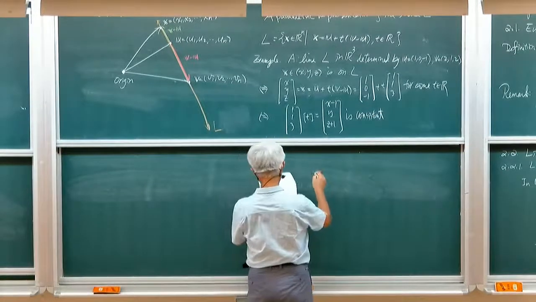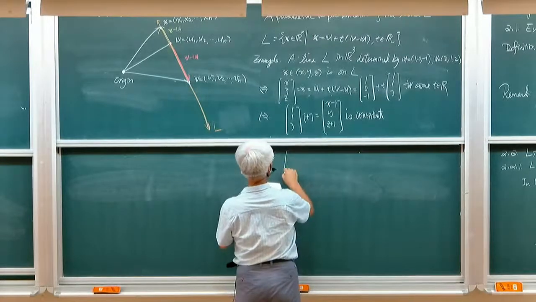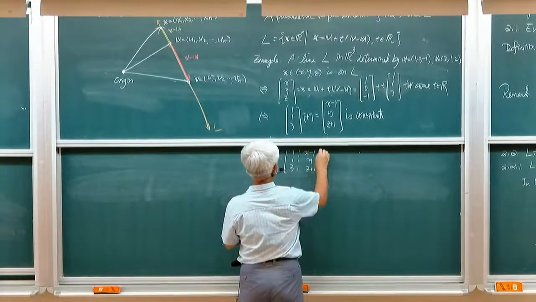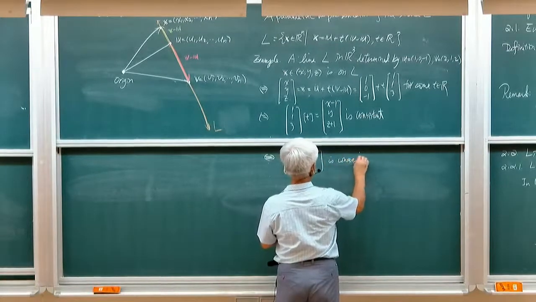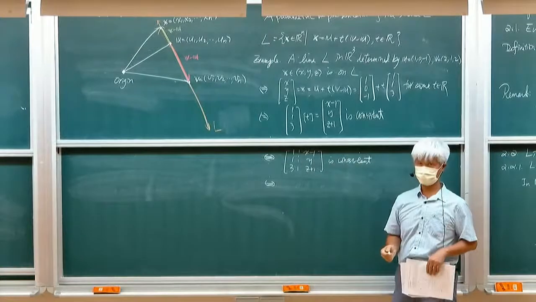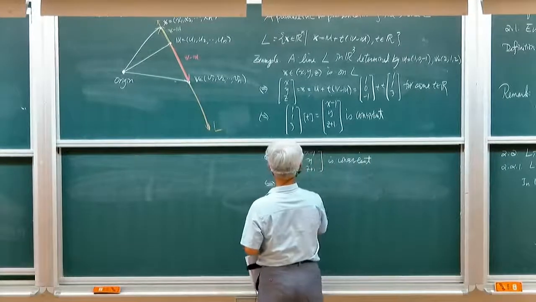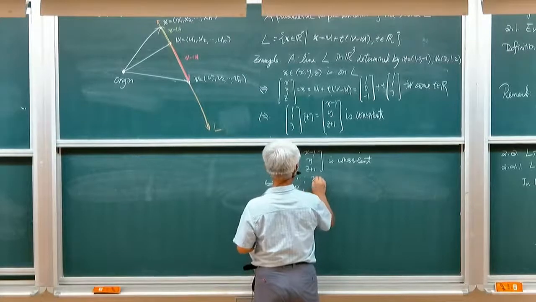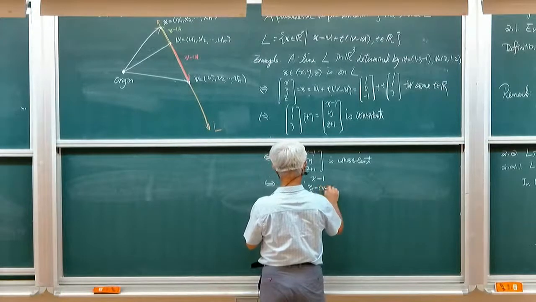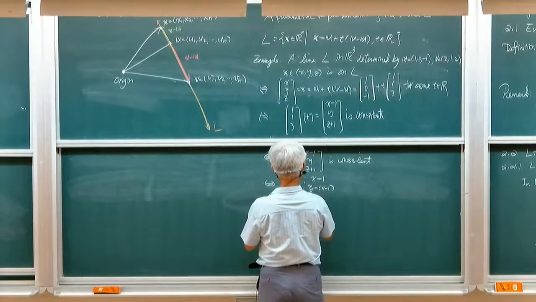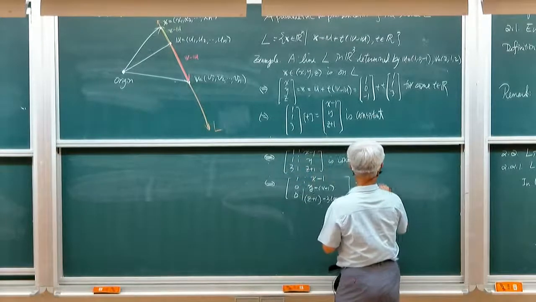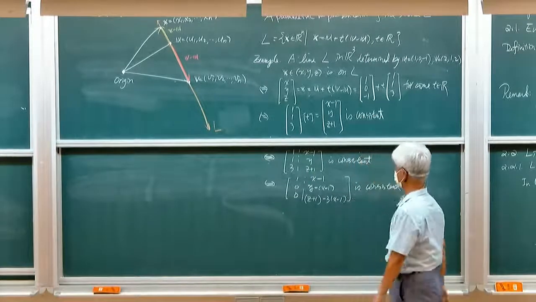Okay, so we go on by using the augmented matrix. Is it consistent? Right, and then by row operations, we have... it should be consistent.